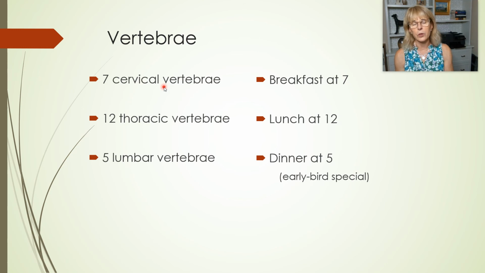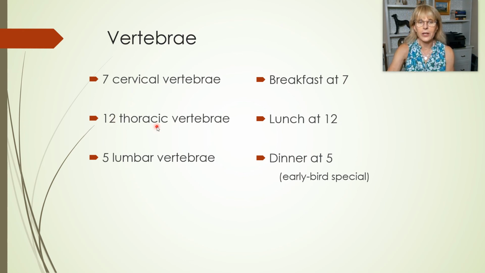Now, to some people, cervical reminds them of a woman's cervix, which is at the other end of the body. Don't let that get you confused. The neck is known as the cervix, and the cervical vertebrae are the 7 ones of our neck. Interestingly, we have got 7 bones in our neck, and a giraffe has got 7 bones in their neck too. They're just really, really long.